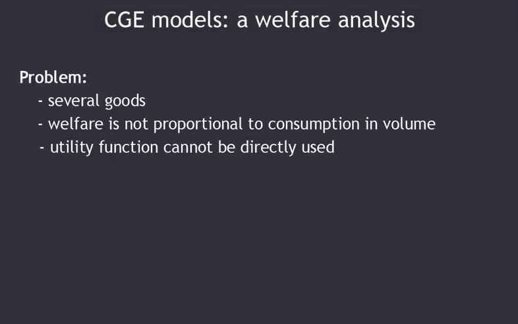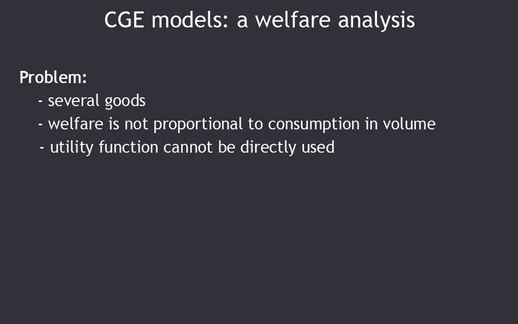When considering the consumption in volume of each good by the representative agent, we meet several problems. First problem, there are several goods, and we need one metric, not several. This is a more technical problem. We can solve it, for example, by constructing an index of the volumes consumed.